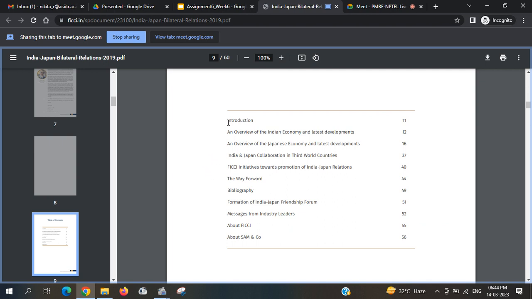So, you can see it gives an overview of Indian and Japanese economy and the latest development in both economies, and then India's and Japan's collaboration with third world countries, and then FICCI's initiative towards promotion of India and Japan's relations, and also of the formation of India and Japan's Friendship Forum, which I just mentioned.